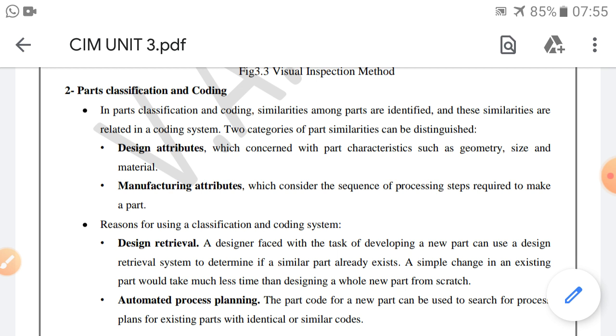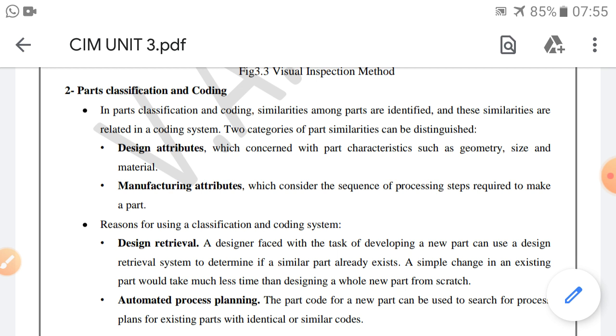Second is size, how the size is: small, big, large. And one more is material, whether it is steel, aluminum or copper, which type of material we are using to manufacture that component. That is what we call design attributes.